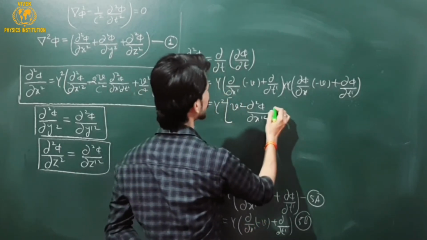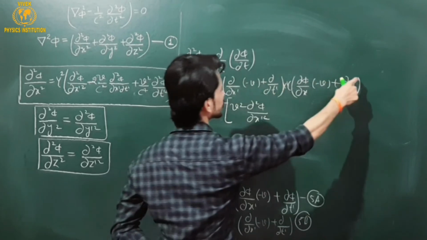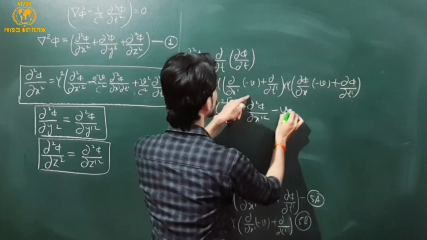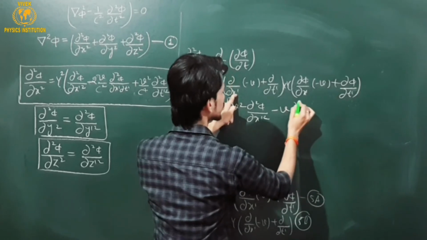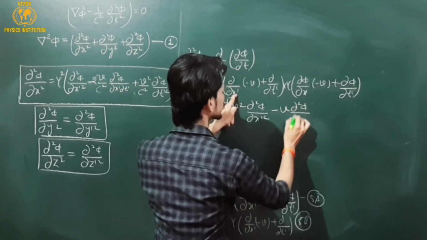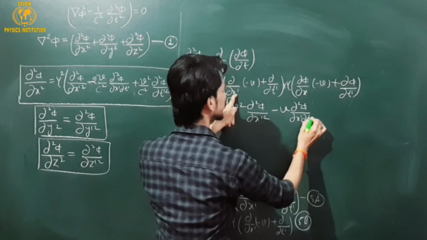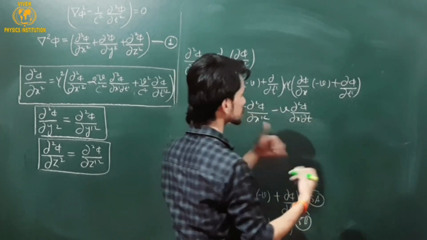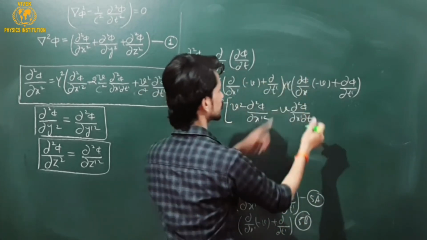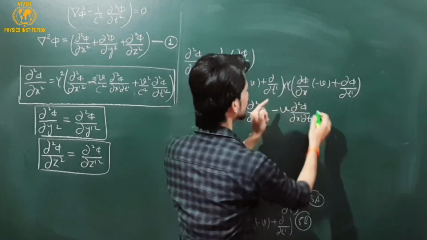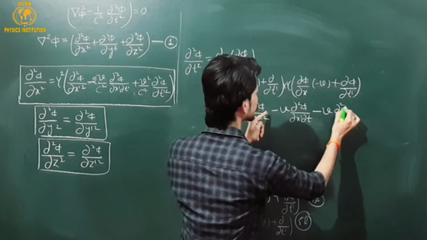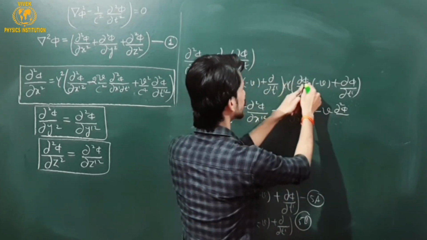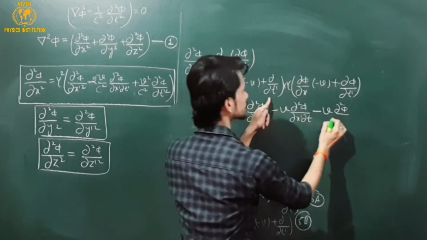Again I will multiply this one with this one. I will get minus v del over del x dash operated on this, which will be del square phi over del x dash del t dash. Now the turn is for del over del t dash. When I multiply this factor with this factor I will get minus v del square phi over del x dash del t dash.